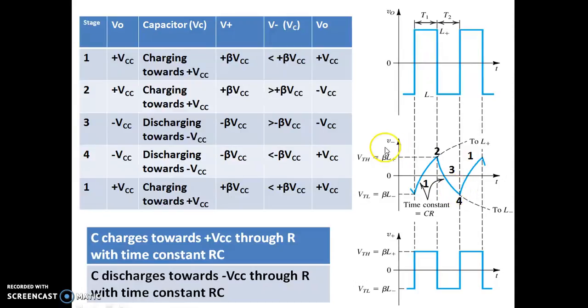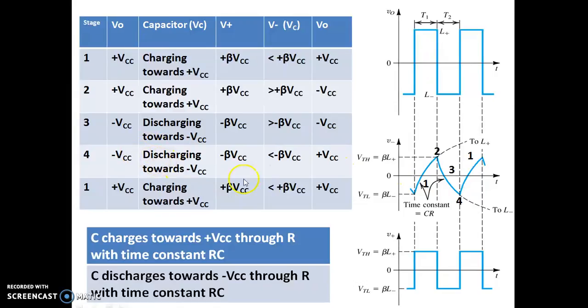As long as the capacitor voltage is more than minus beta VCC, the output remains at minus Vsat. That is stage 3.